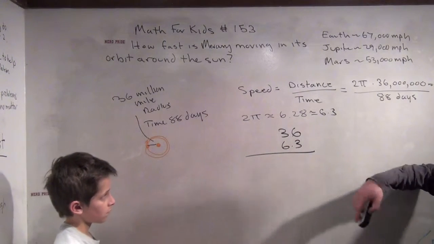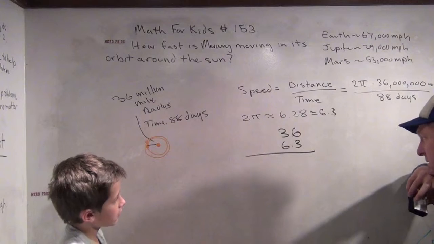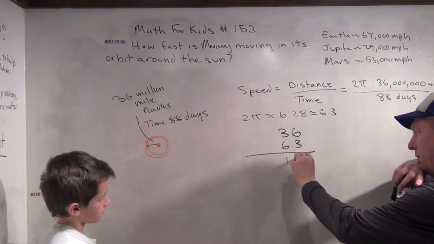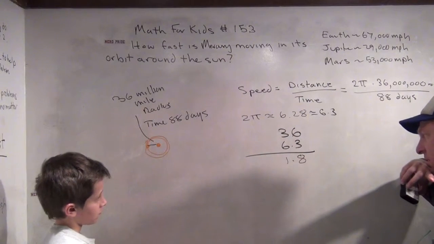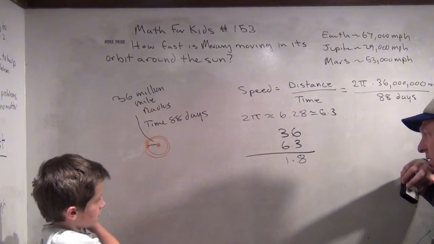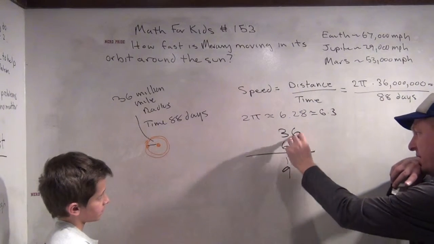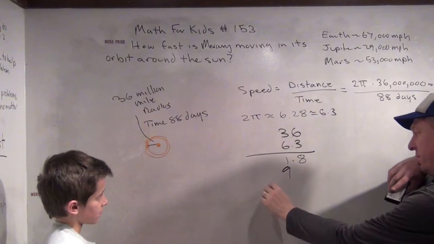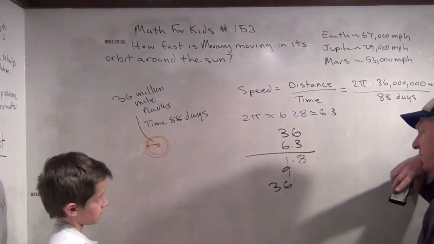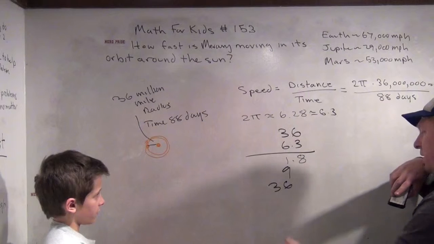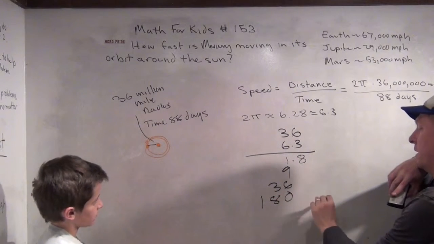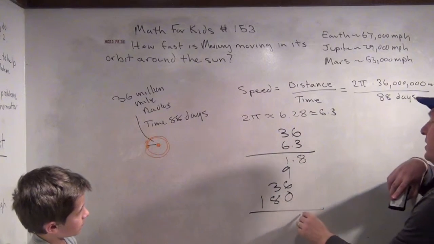So, 0.3 times 6 is 1.8. 0.3 times 30 is 9. 6 times 6 is 36. 6 times 30 is 180. Okay, so this is a little complicated.